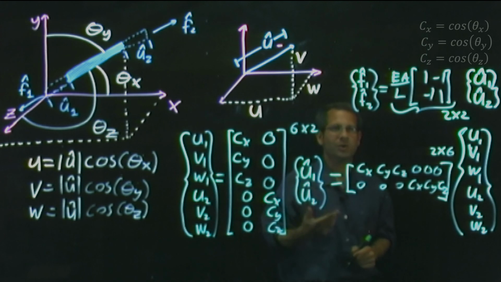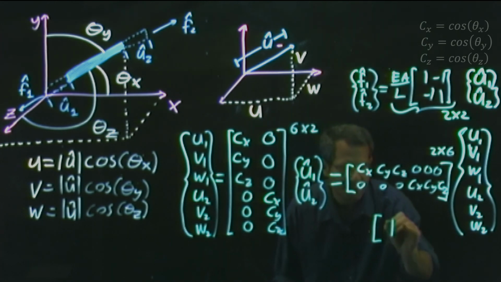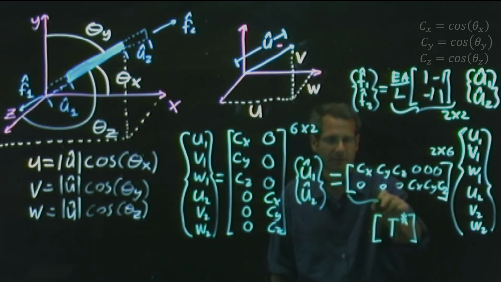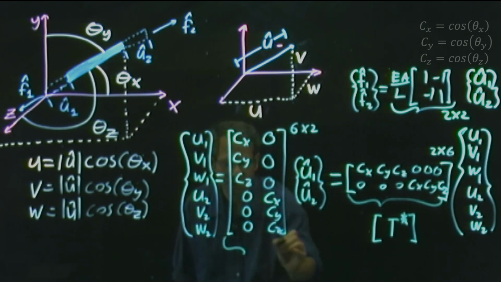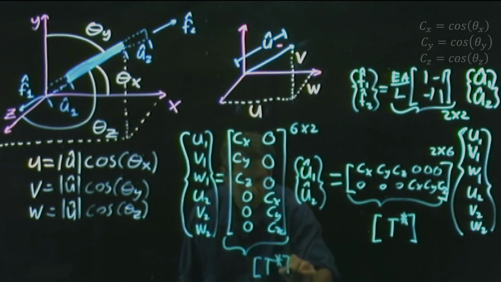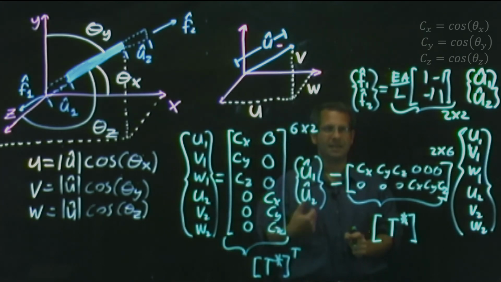So to use the same notation as the book, I'm going to call this matrix T star, and I'm going to call this matrix the transpose of T star. And we will use these two transformation matrices in the next video to find the local stiffness matrix in the global coordinate system.